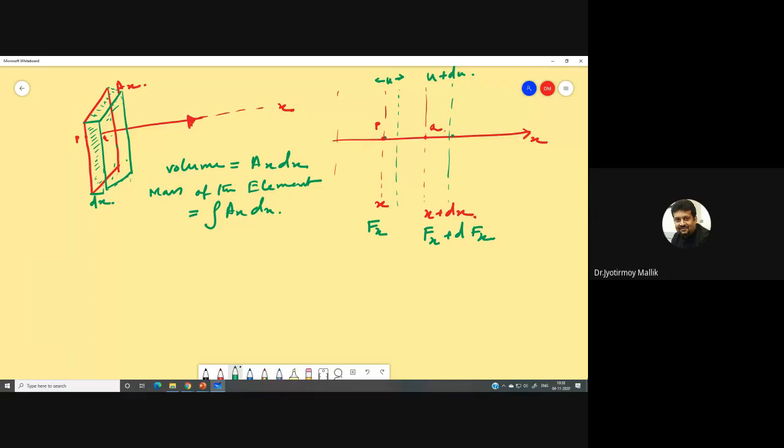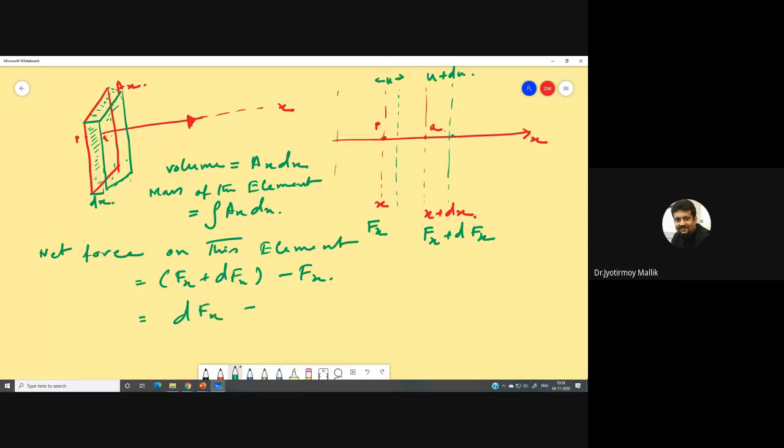So the net force on this element will be, of course, Fx plus dFx minus Fx, and that is nothing but dFx, which we can express as delta Fx by delta x times dx, right? This is one thing I want you to remember.